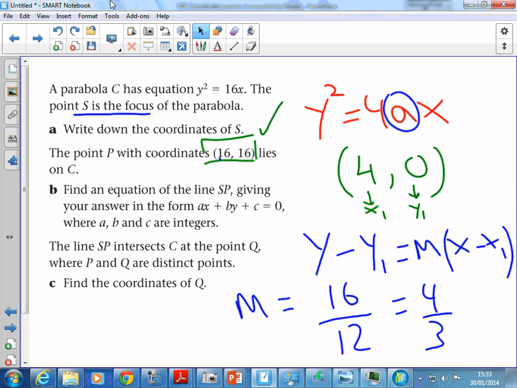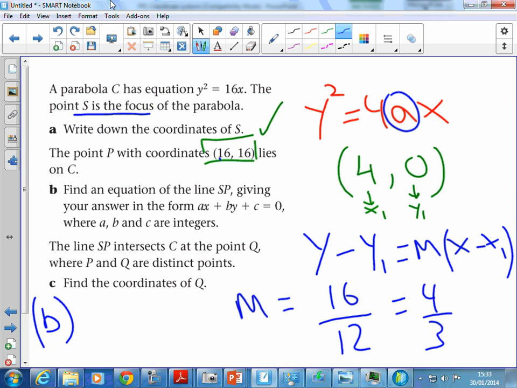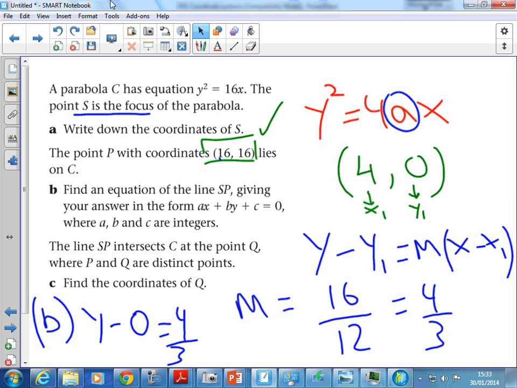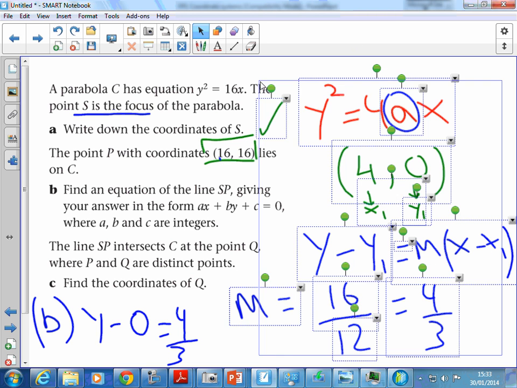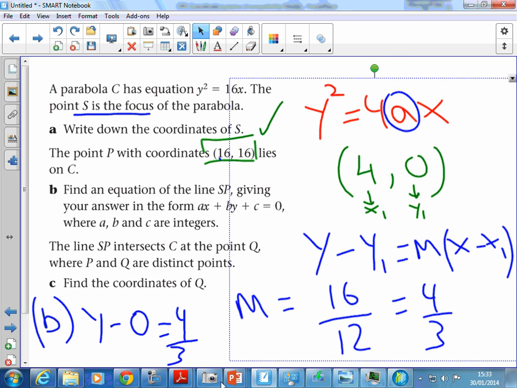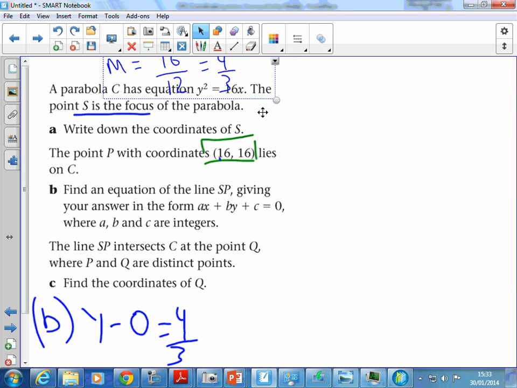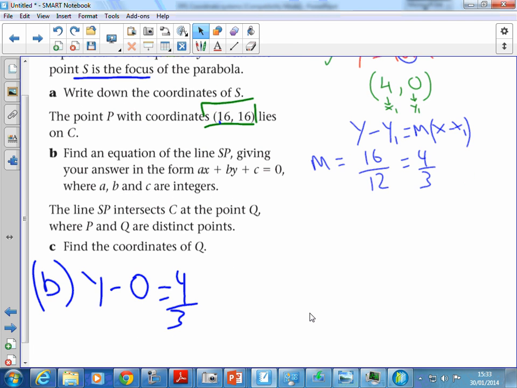So the equation then for part B, the equation of the line SP is y minus 0, I'll put that in even though we don't need to, is equal to the gradient 4/3 times (x minus 4).